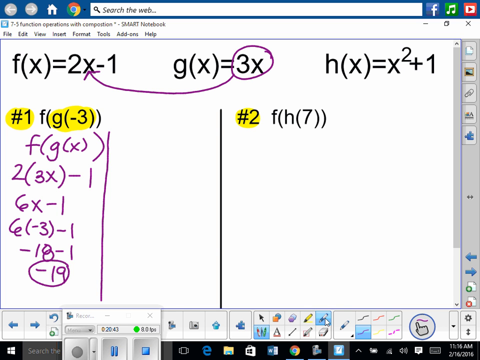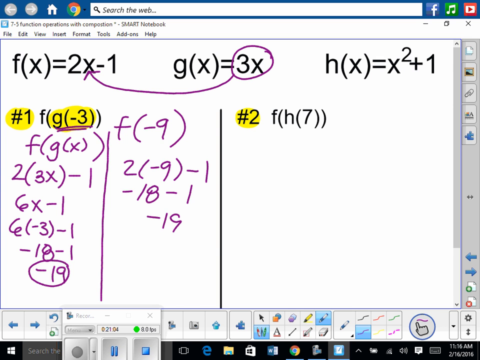What's 3 times negative 3? Negative 9. So isn't that just f of negative 9? Right. Do you see how I just calculated the inside? Which f of negative 9, we can find that: 2 times negative 9 minus 1. Negative 18 minus 1, negative 19. So pretty easy, right?